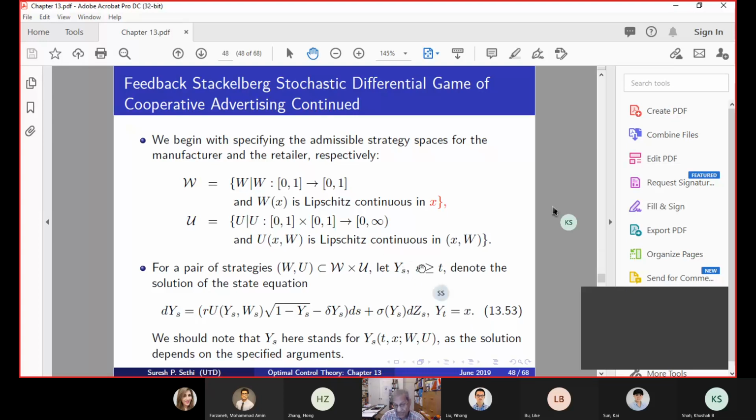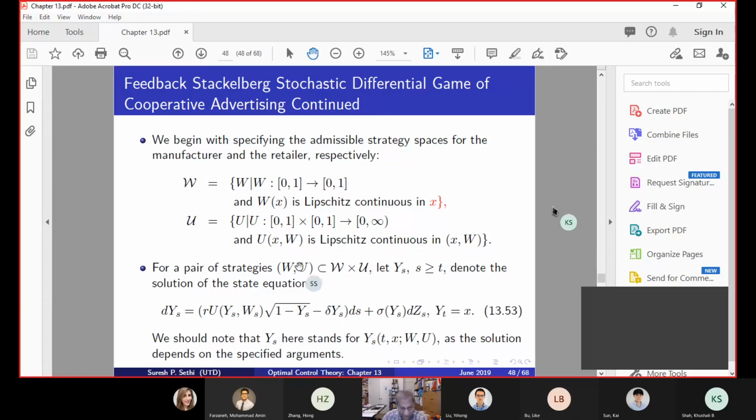And I want Y(s) to be the solution of the equation given W and U, or given U in this case, because W doesn't enter, but given W and U. I want this to be a solution of the differential equation going from t to some value s. So for every s greater than t, I write the equation Y dot of s, which is U, Y(s), W(s), times 1 minus Y(s).